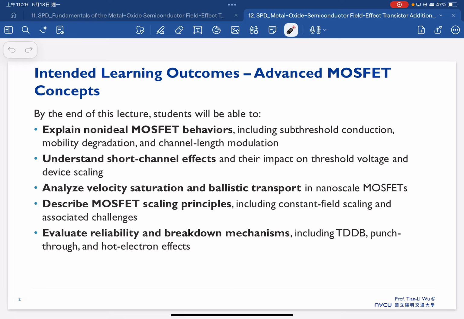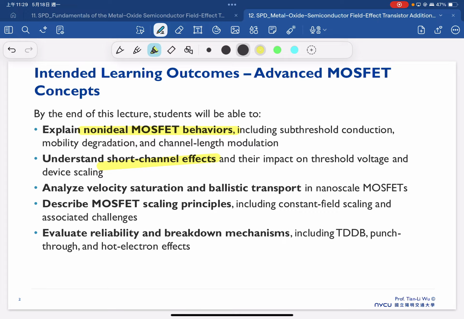So first of all, we need to understand certain non-ideal MOSFET behaviors. For example, the substrate conduction, mobility degradation, channel length modulation, and also we need to understand the short channel effect and how this short channel effect impacts threshold voltage and device scaling.